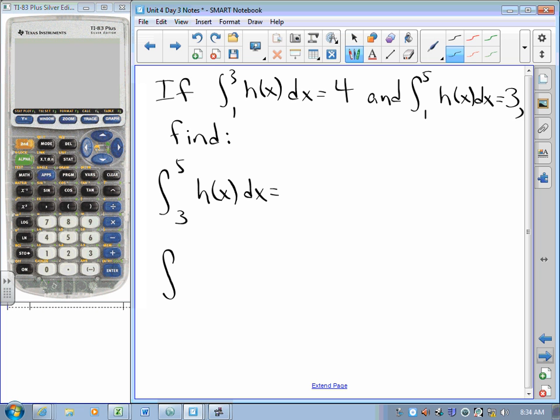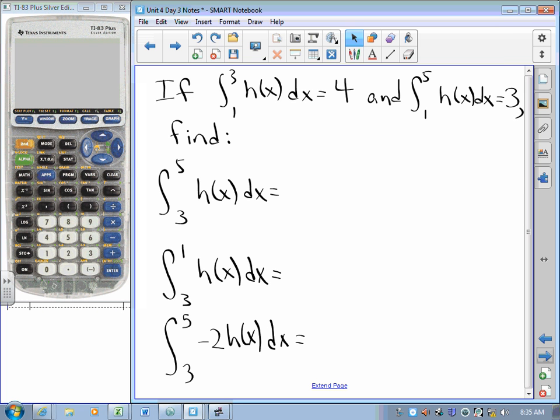Or I want to find the integral from 3 to 1 of h of x dx? Or I want to find the integral from, oh heck, how do I want to do this? From 3 to 5 of negative 2 h of x dx. How does that play out?